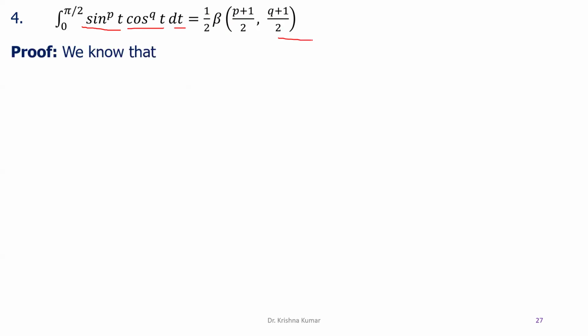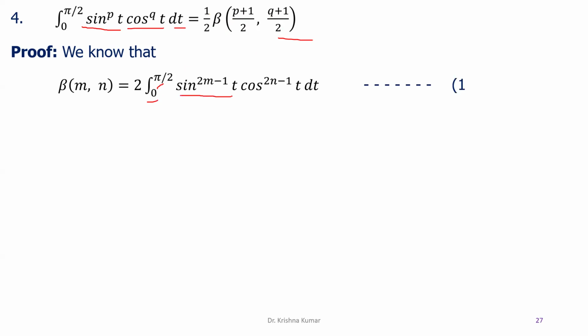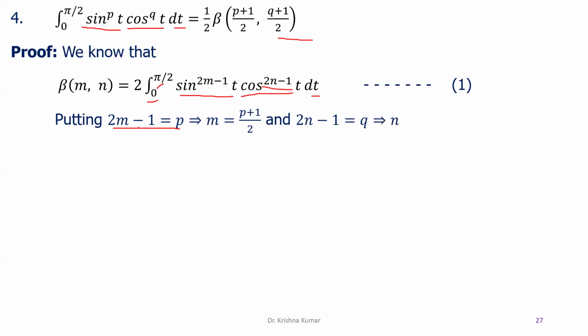Let us try to prove it. So we know that beta of mn is equal to 2 times integration under the limit 0 to pi by 2 sine to the power 2m minus 1 t cos to the power 2n minus 1 t dt. We have just proved this result in the last property number 3. Now here, if we put 2m minus 1 equal to p and 2n minus 1 equal to q, what will happen? 2m is equal to 1 plus p, so m is equal to (p plus 1) by 2.